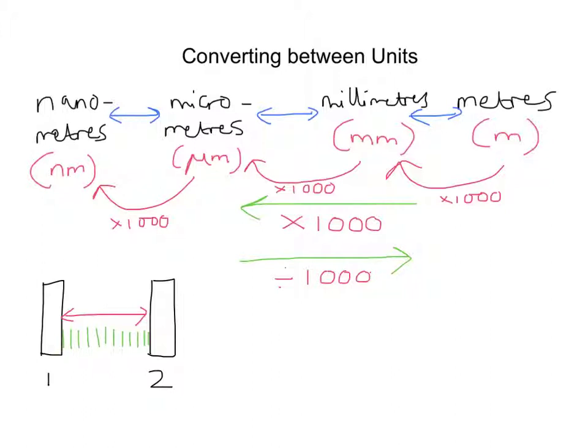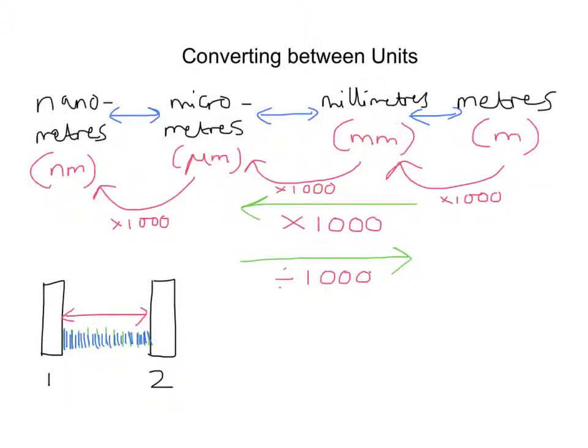I can fit more micrometres in that given space than I can millimetres. And I always say to my students, if you can fit more in, you times it up. So that's why it's times by 1,000. If you fit less in, divide by 1,000. Now it's a bit of an odd way to look at it, and it may make sense to some people, may not to others.